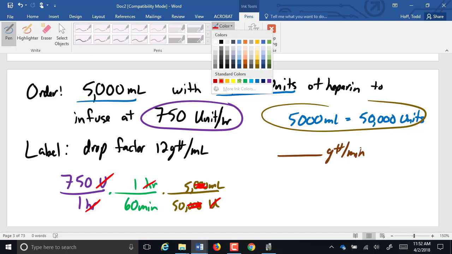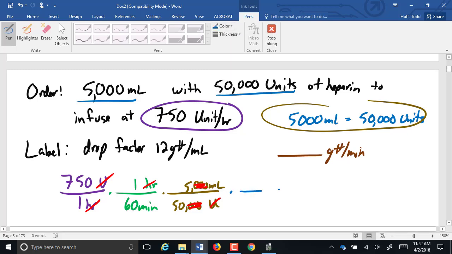And now I still have to convert from milliliters to drops. So I'll put milliliters on bottom to get rid of the milliliters. And the 12 drops per milliliter means 1 milliliter is equivalent to 12 drops. So the milliliters have canceled out, and now I do have drops on top and minutes on bottom. If I look at my required solution, I do want drops on top and minutes on bottom.